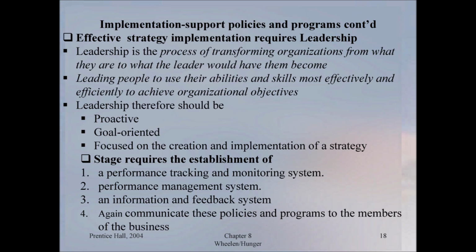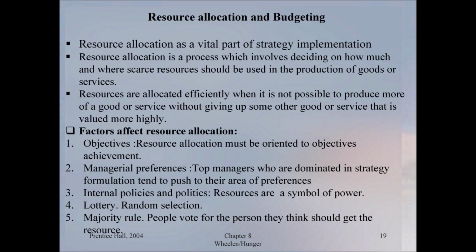Okay. And then we come to resource allocation and budgeting. Now, resources are important. Without resources, nothing can be done. So when you are looking at resource allocation, you are looking at processes which involve deciding how much and where scarce resources should be used in the production of goods and services. We want to achieve something, and we need to do that by looking at our production of goods and services. And as you learned in economics, resources are not in abundance.